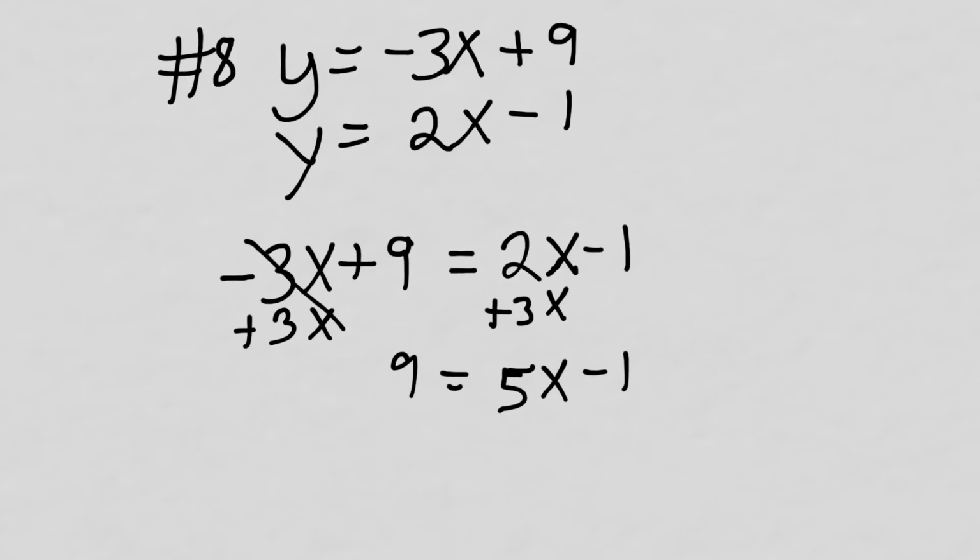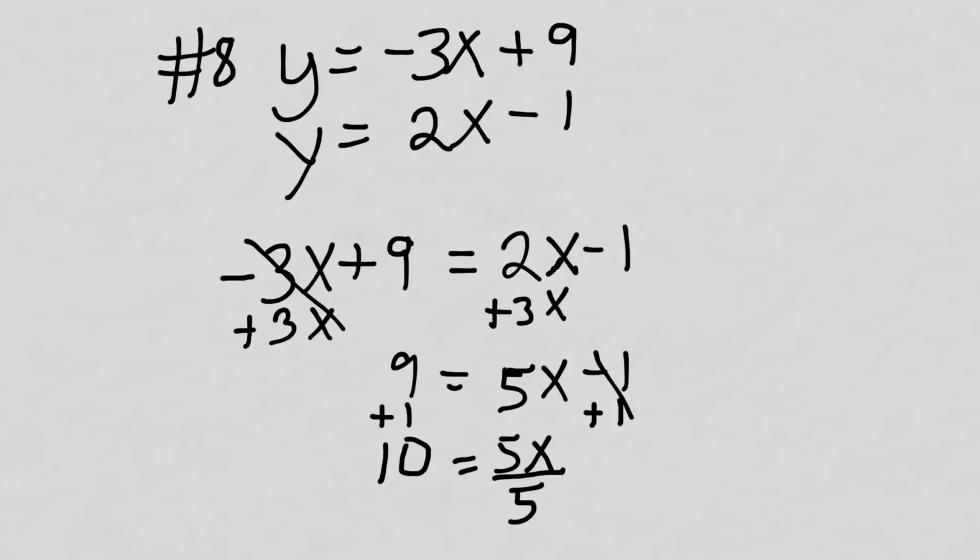Want to get rid of this minus 1 by adding 1. Okay, that goes away. Now all I've got left is variables on the right. I got 5 x's. On the left I've got 10. To solve for this, I want to divide by 5.